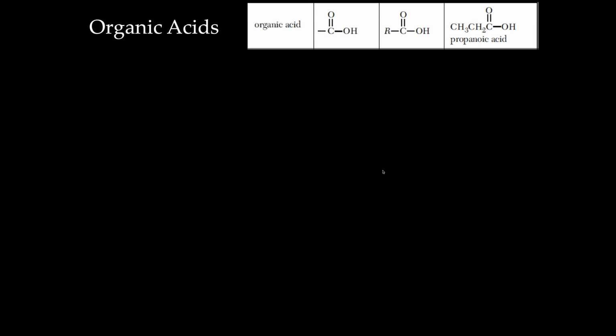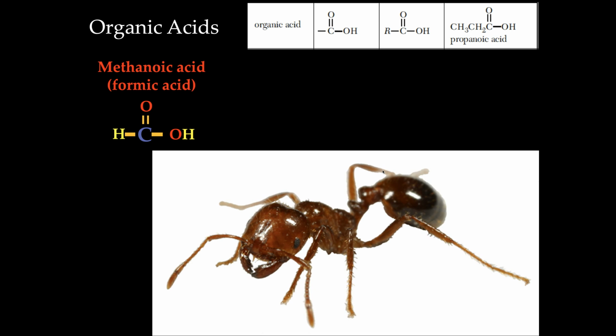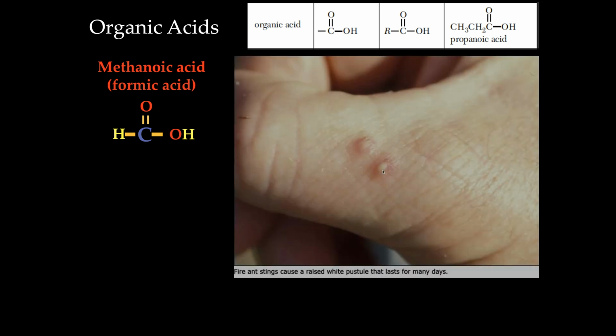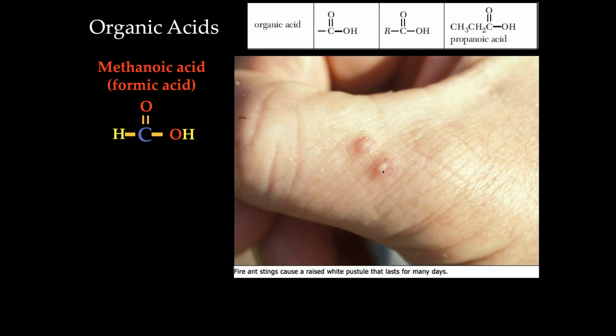So organic acids would include methanoic acid, which is what's injected into you when you're bitten by an ant. And that's the result of the fire ant sting. A raised white pustule. Isn't that a great word? Pustule. That lasts for many days.